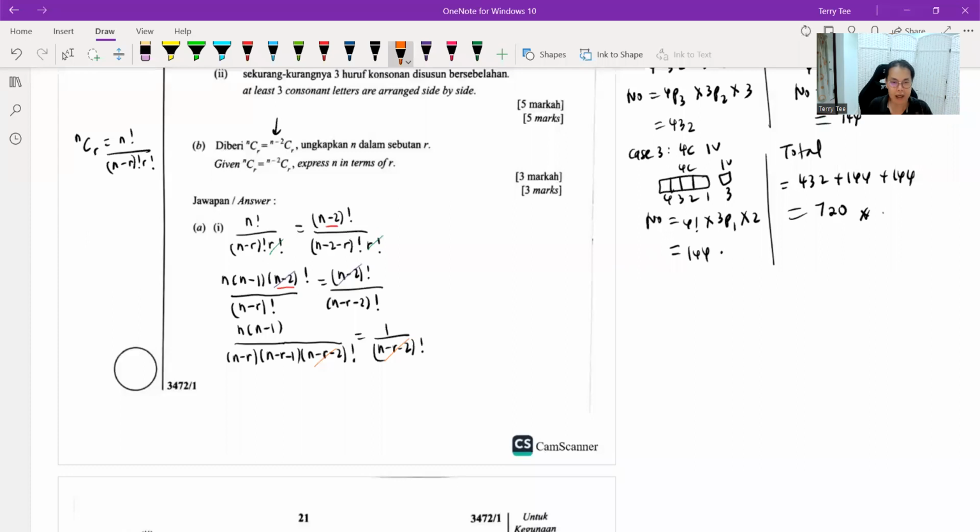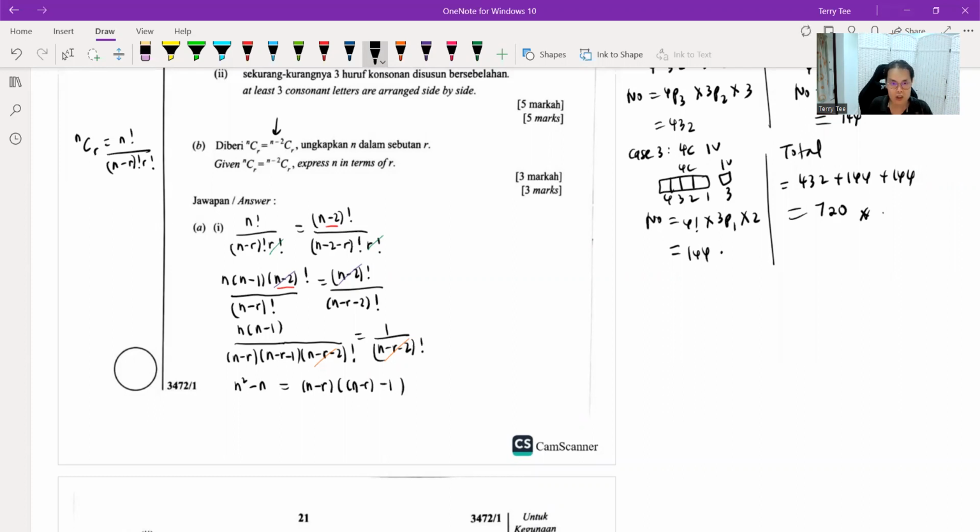Now, I know this looks a little bit complicated to simplify, so I'm going to multiply this over. This is going to be n times (n minus 1). You can expand it: n square minus n. For the second one, I think it's actually easier for you to think this way: n minus r, n minus r minus 1.